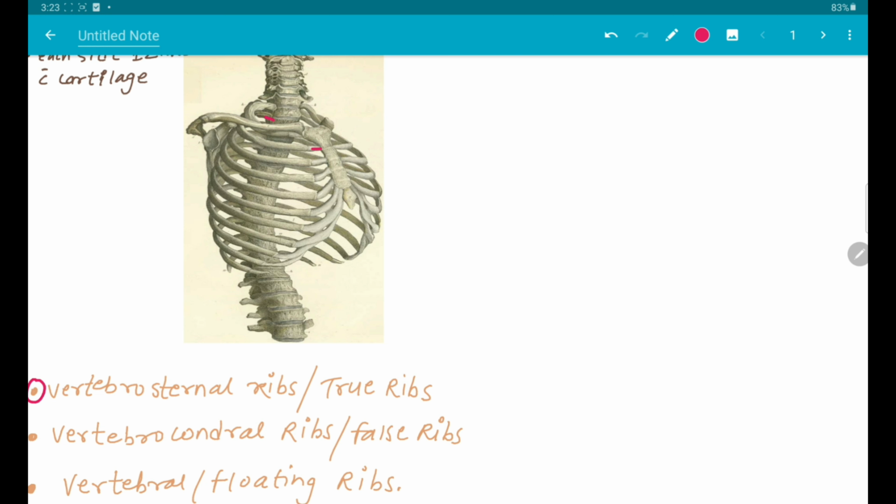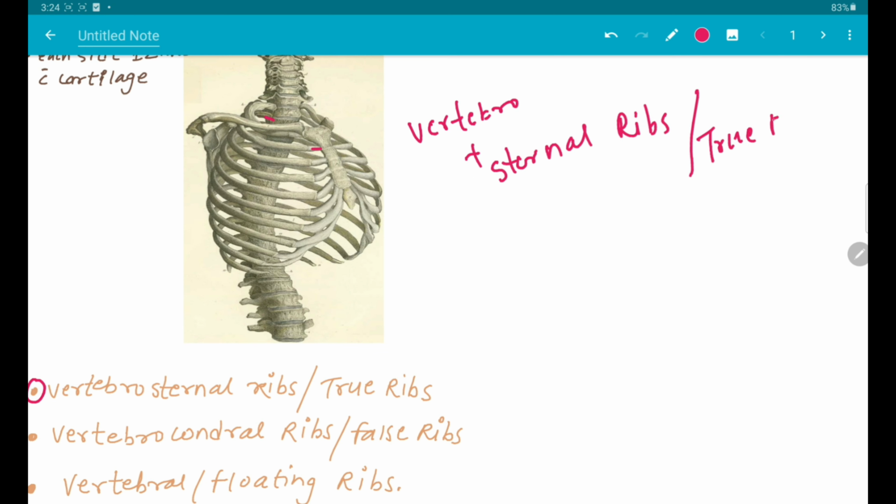That is why it's called vertebro plus sternal ribs. And it's also called true ribs. Why true ribs? Because it is fully joined from both sides, anterior and posterior. That is why it's called true ribs.